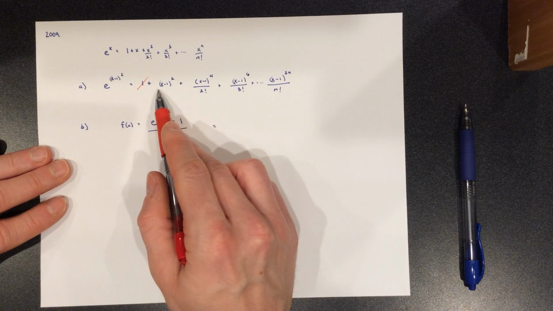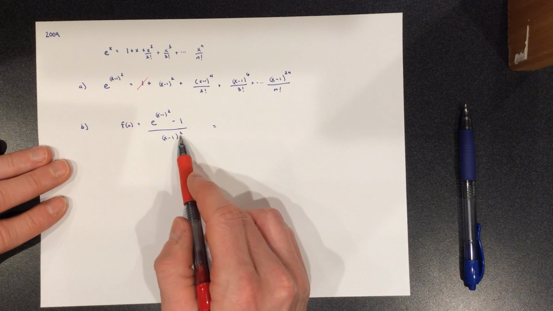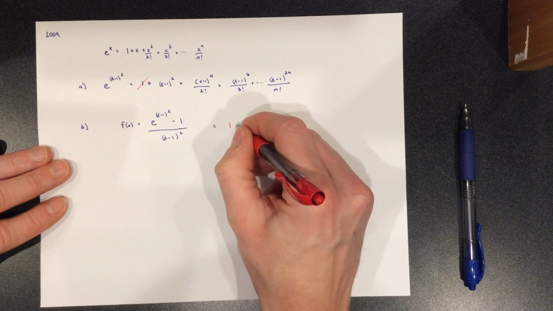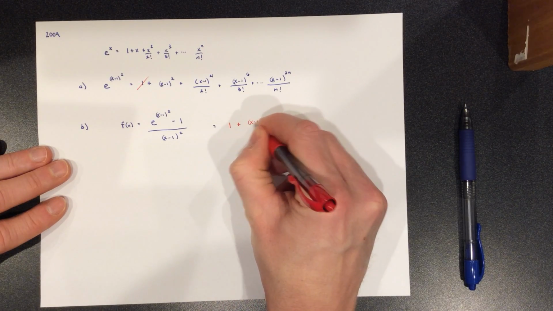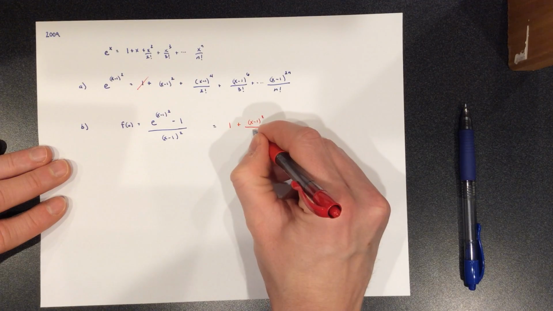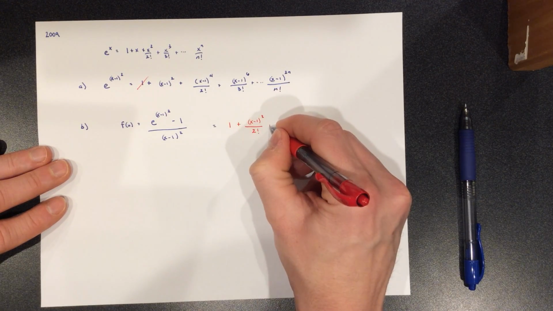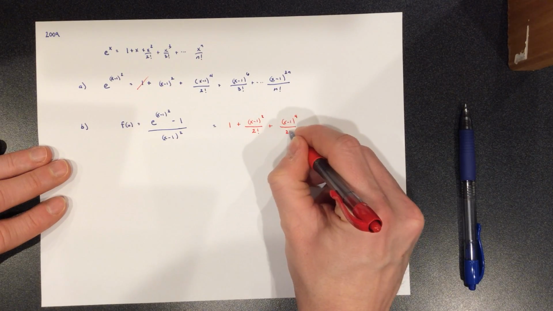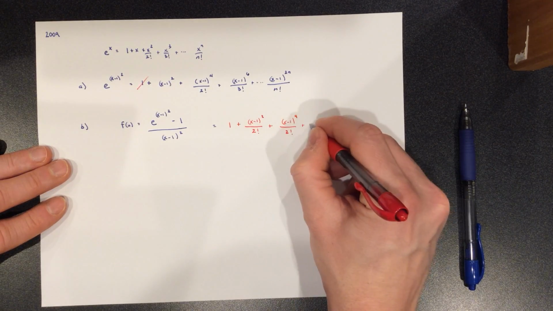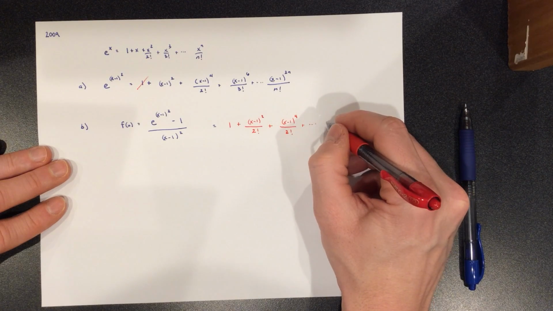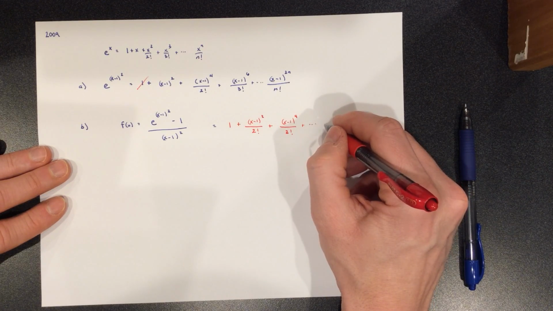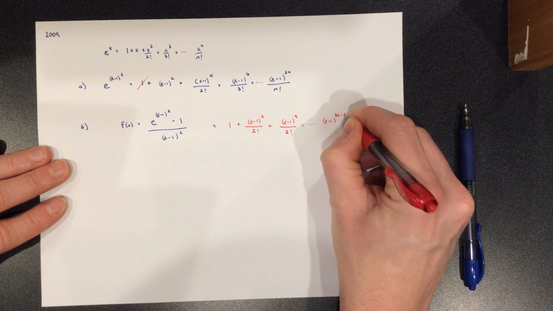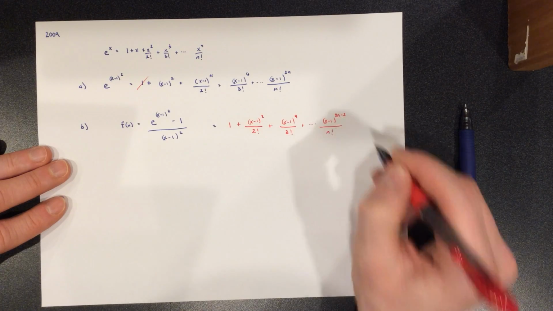And then if we divide all the remaining terms by x minus 1 squared, it'll make this equal to 1. It'll make this x minus 1 squared over 2 factorial. It'll make this plus x minus 1 to the fourth over 3 factorial plus dot dot dot. It'll make this one x minus 1 to the 2n minus 2 over n factorial.